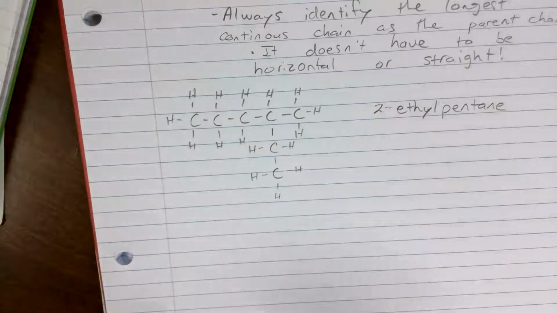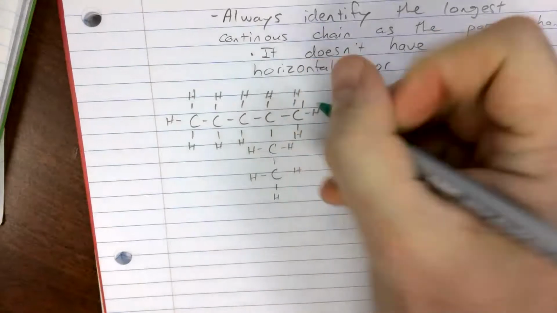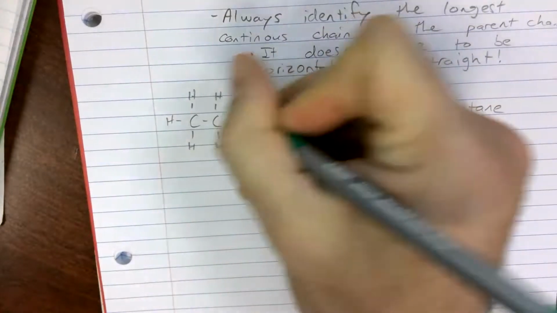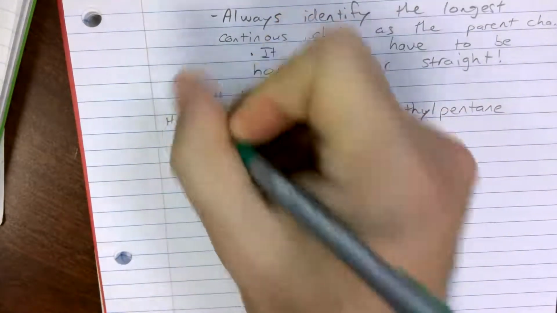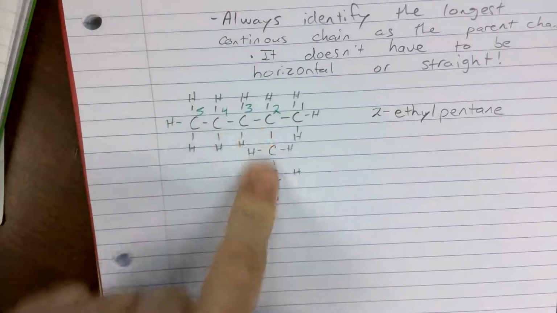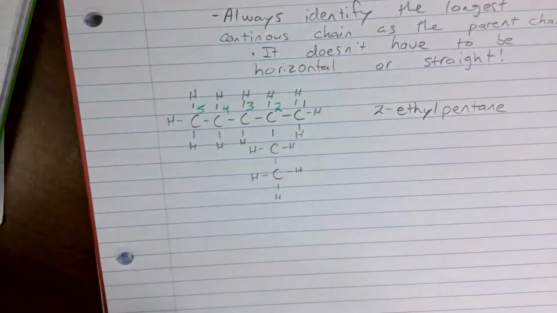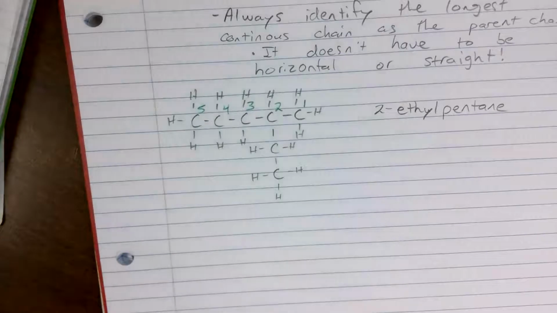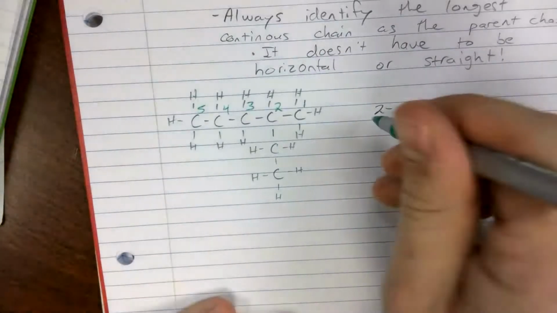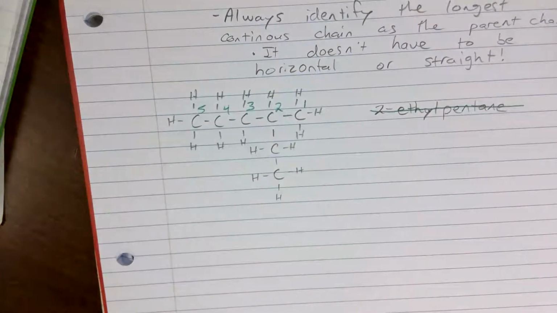And the reason why we had that guess, 2-ethylpentane, so we see the chain, 5 carbons, with an ethyl coming off the second. That's the most common answer I get on a test. Unfortunately, it's not right.